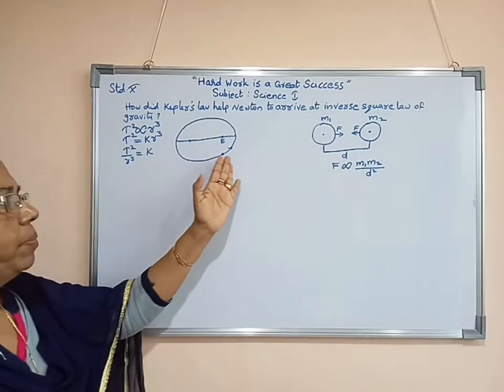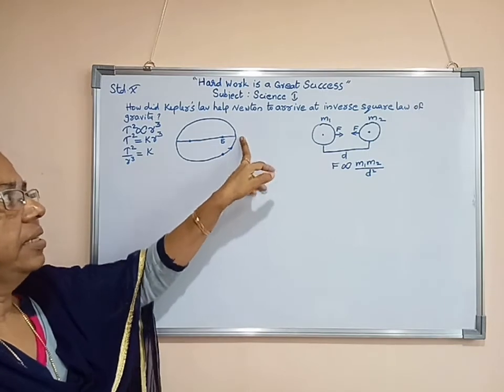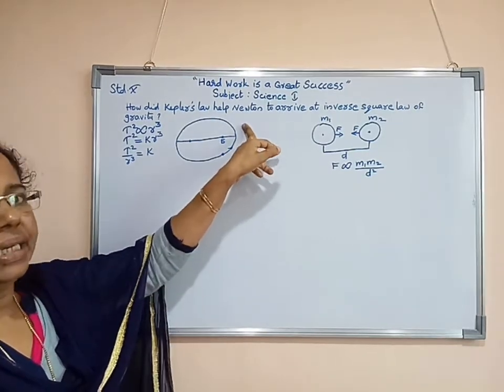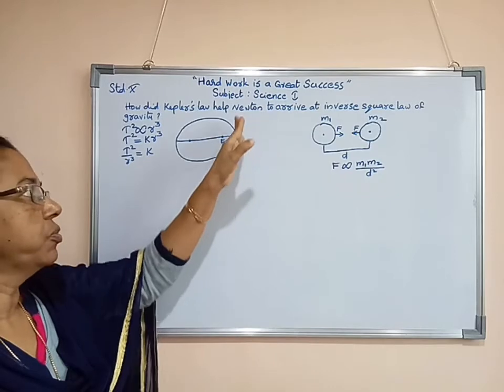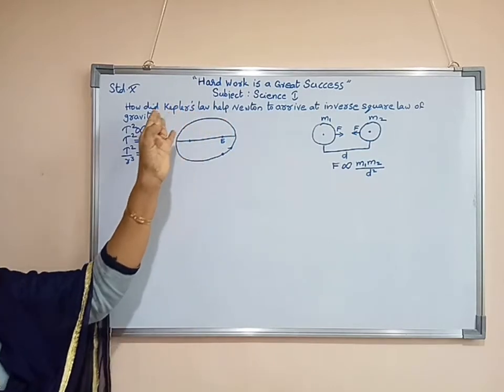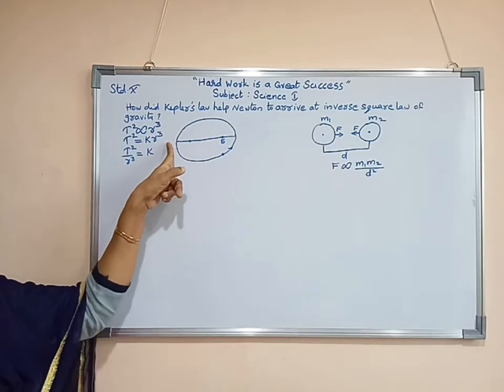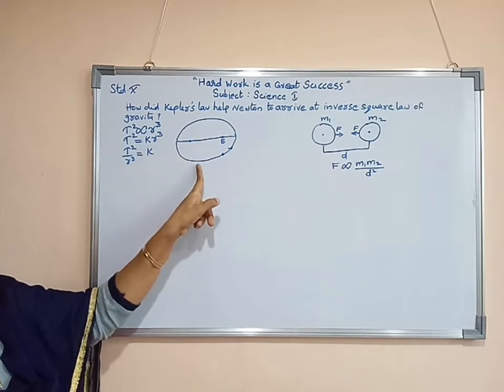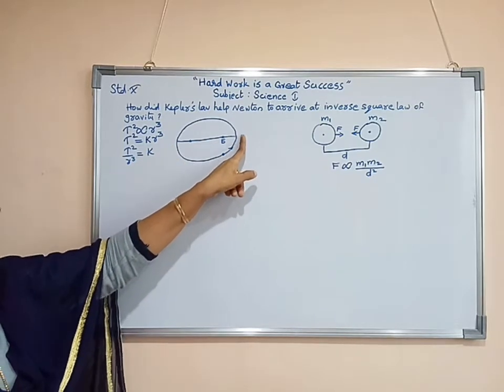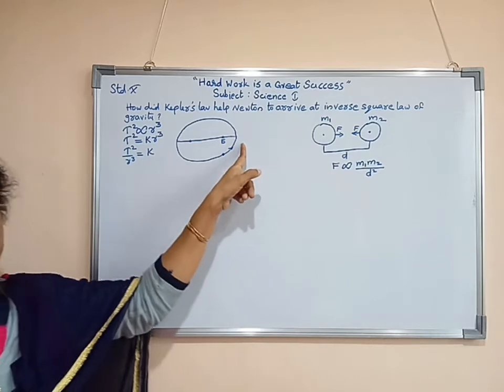When the planet reaches near the sun, its speed increases. With high speed it moves. Later its speed reduces, then it becomes very low. Again its speed increases.